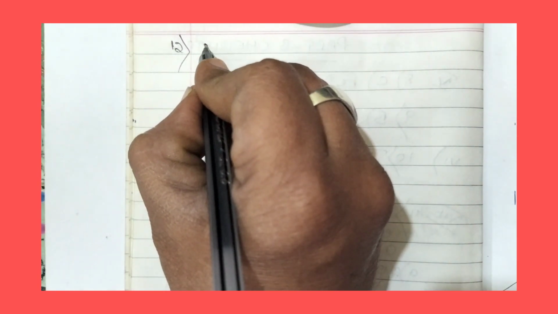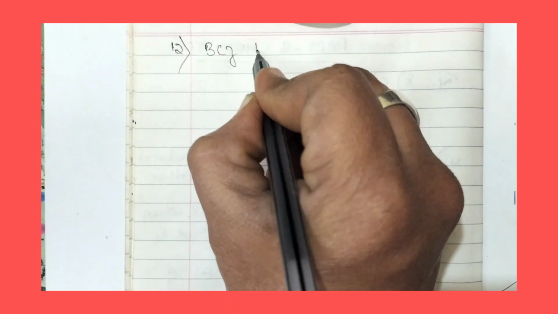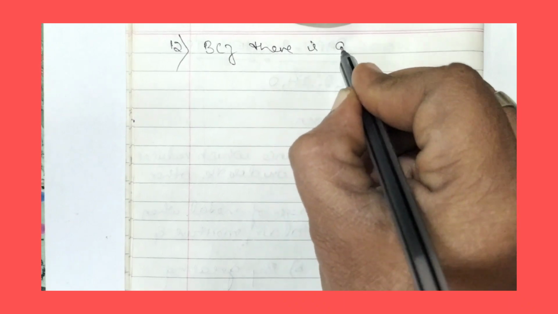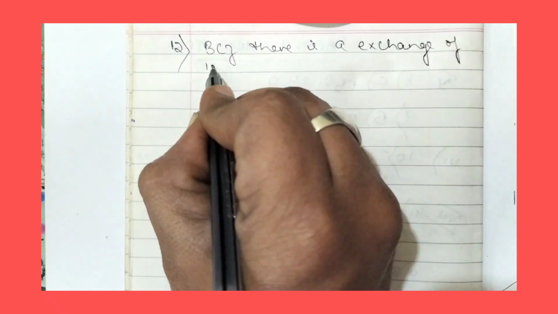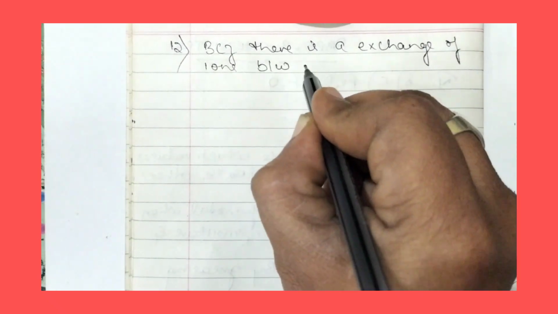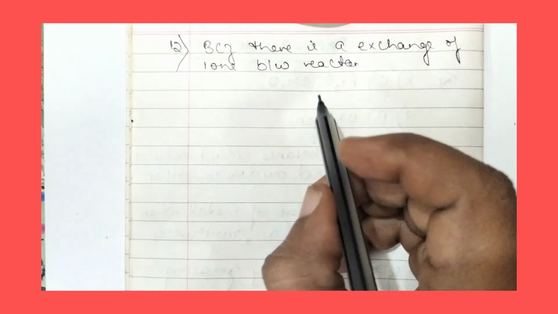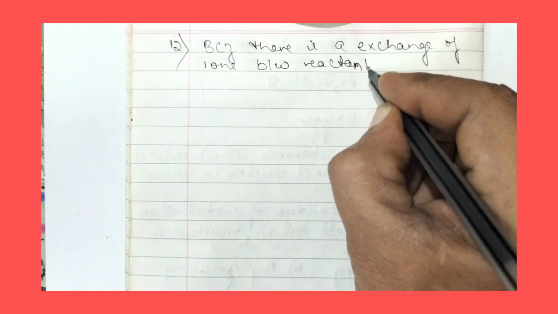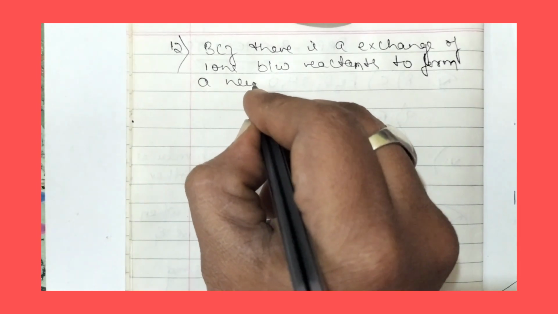In question number 12, they asked about the chemical reaction that takes place between sodium sulfate and barium chloride. It is a double displacement reaction because there is an exchange of ions between the reactants to form new compounds.